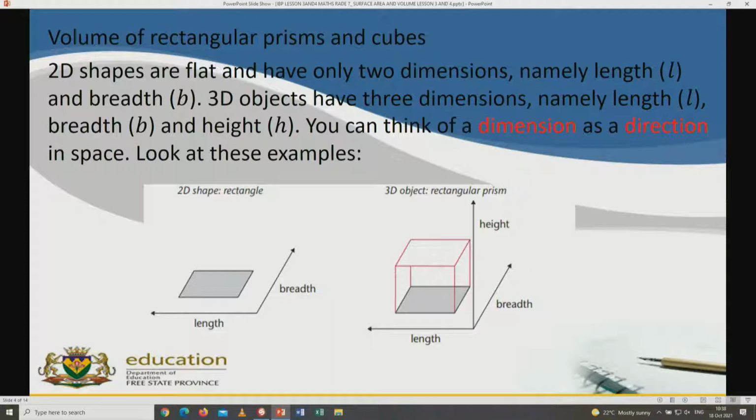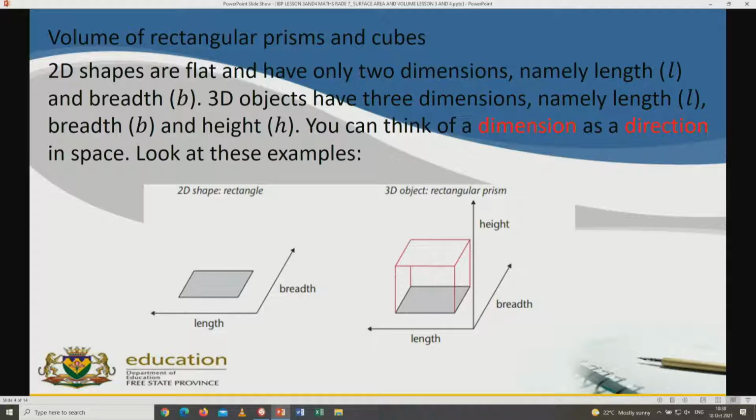You can think of a dimension, as I highlighted earlier, as a direction in space. Not forgetting, just for information's sake, my dear grade 7s, that we have a content area that is Space and Shapes, and not Shapes and Space, because we actually need space so that we can have the shapes.